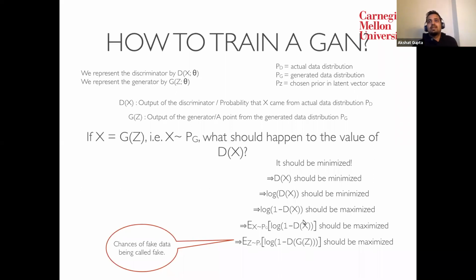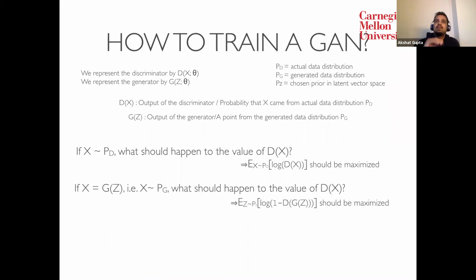And here I've just replaced x with G(z), which means that x is now an output of the generator, and z is a point sampled from a chosen prior in the latent vector space. You can understand this term as the chances of fake data being called fake. And the discriminator wants to maximize the chances of fake data being called fake, right? That's exactly what you guys said.